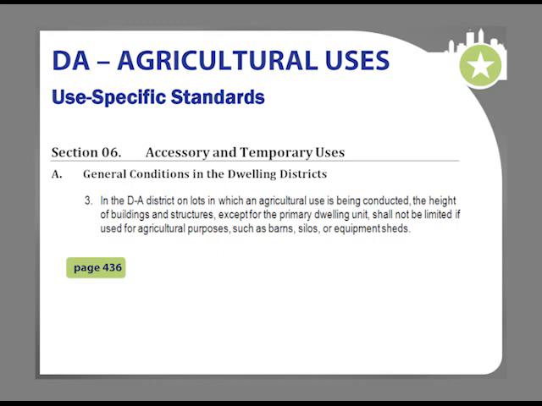That is to say, silos, accessory buildings, barns, livestock sheds. The height limitations do not apply if they are in that agricultural use. So in combination, we think all these provisions make it clear that we do want and do allow the continued operation of agricultural enterprises within Indianapolis.